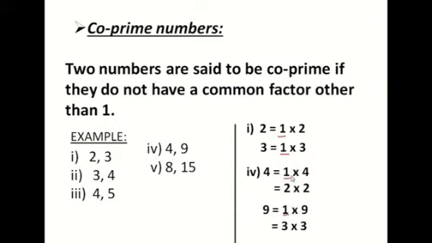You can see here also 1 is the only common factor. That's why 4 and 9 are also an example of co-prime numbers. Other than the second, third and fifth, please try by yourself. You will get 1 as the only common factor, and then only they are called co-prime numbers.